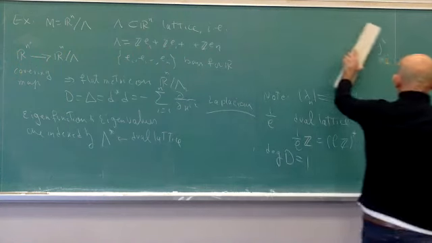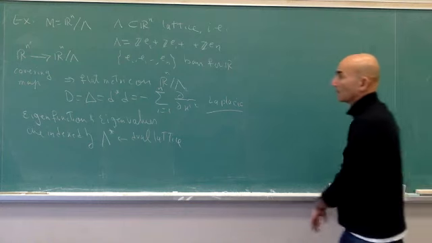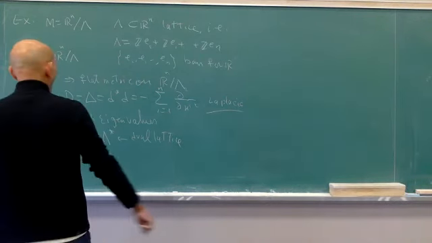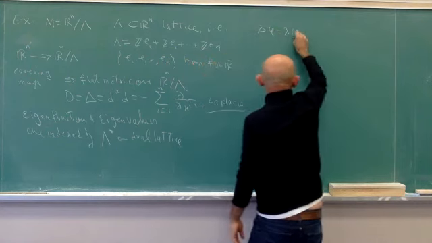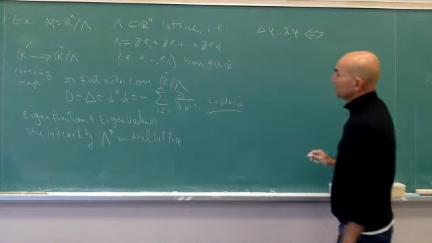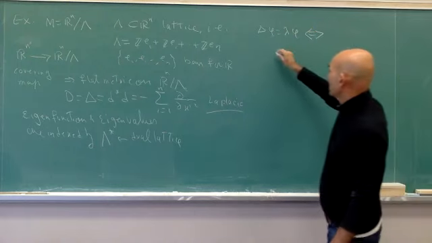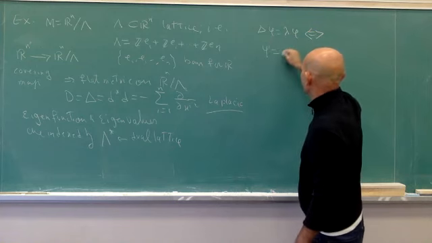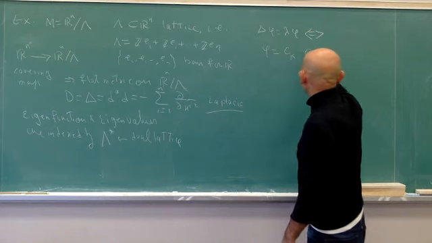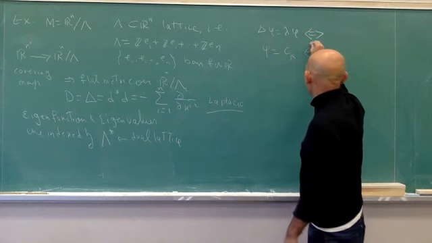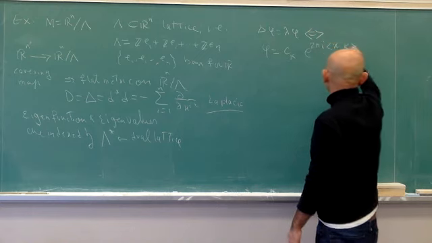So in other words, if you want to solve the equation Laplacian of phi equal to lambda phi, you can easily show using Fourier series that this phi has to be of the form some constant ck times the exponential of 2 pi i inner product of x with k.